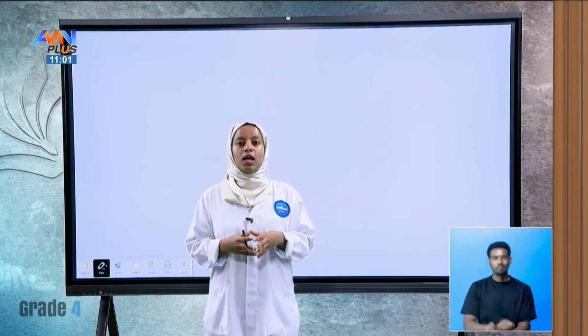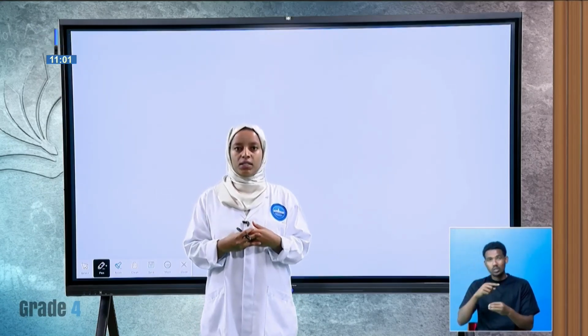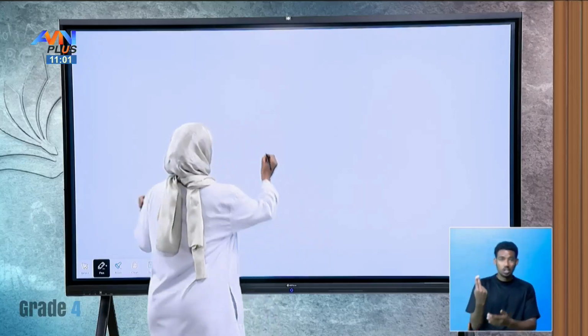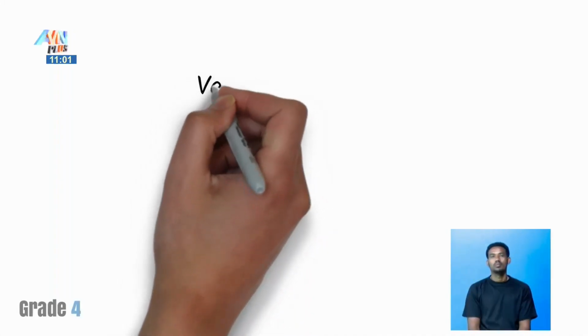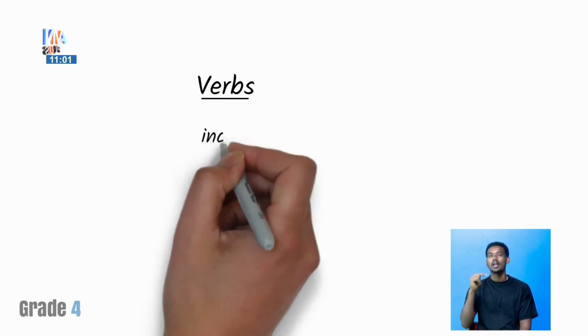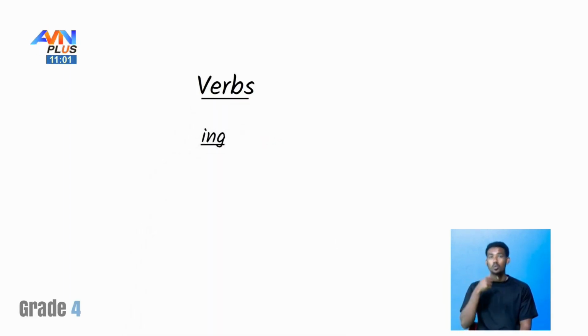Bravo, students. Last time we were learning about present continuous tense. Present continuous tense is a tense which is part of present tense. When we come to present continuous tense, we use ing verbs.